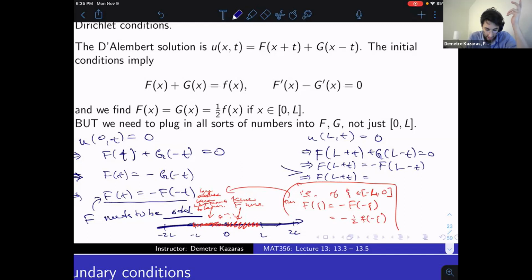This is the oddness of F: minus F of this thing is equal to F of minus whatever's inside, T minus L.